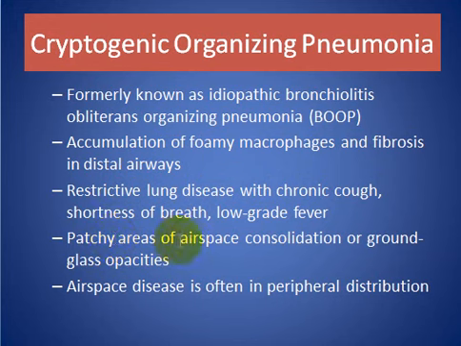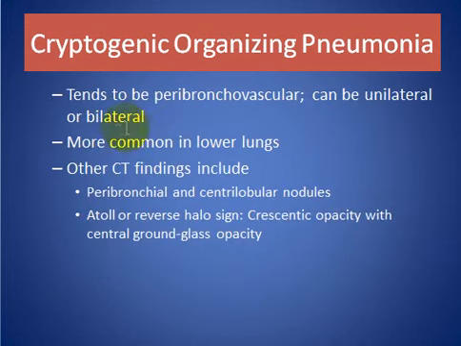There is patchy area of airspace consolidation or ground glass opacities. Airspace disease is often in the peripheral distribution. Tends to be peribronchovascular in distribution and can be unilateral or bilateral, more common in the lower lungs.